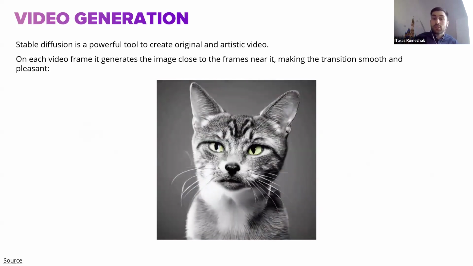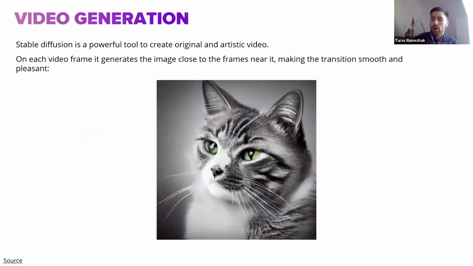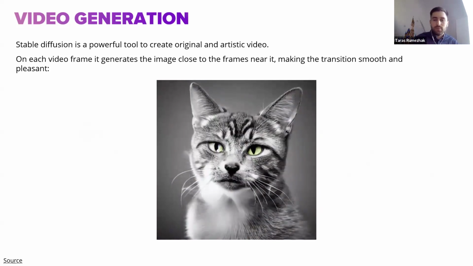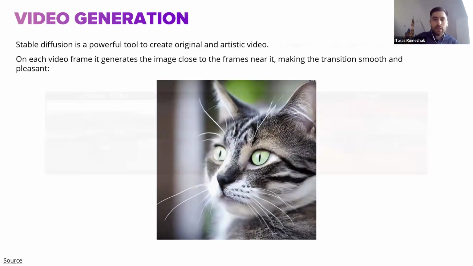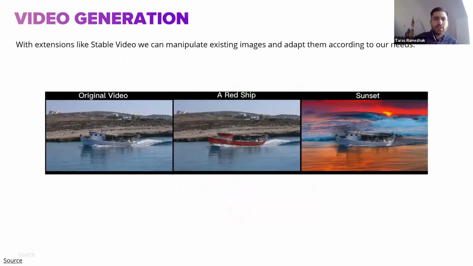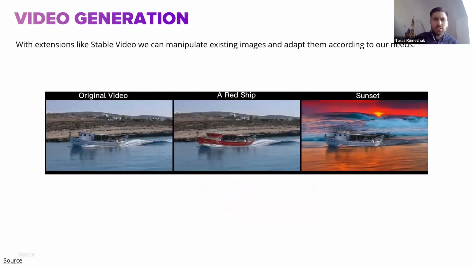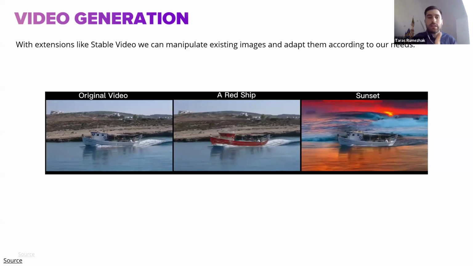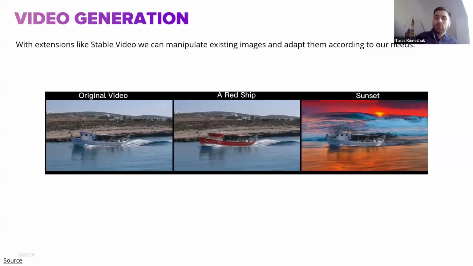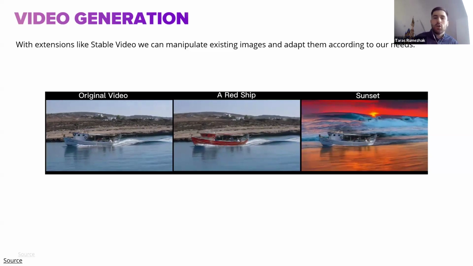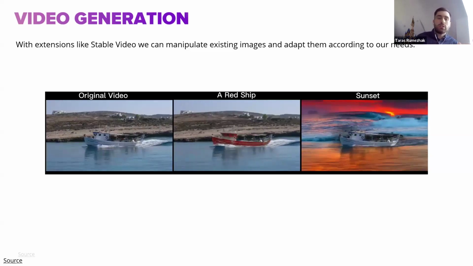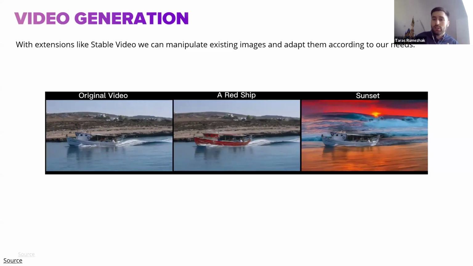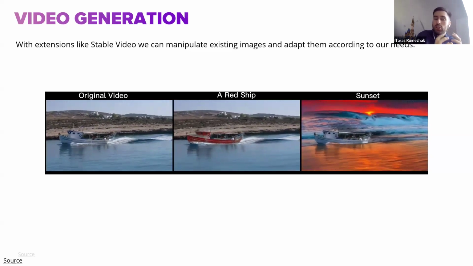But the problem is consistency. Here you can see that we started from one cat and ended with a completely different cat. And that's not okay for business needs. After that, there were extensions like Stable Video, not Stable Video Diffusion, a Stable Video extension, where you could change some characteristics or parts of the object in an existing original video.